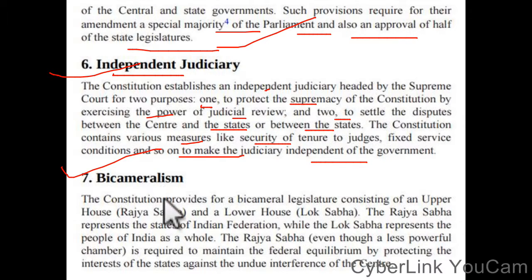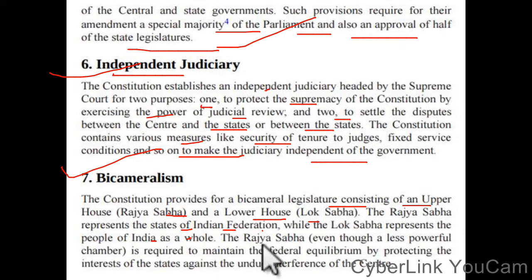Bicameralism. The Constitution provides for a bicameral legislature consisting of an upper house, the Rajya Sabha, and a lower house, the Lok Sabha. The Rajya Sabha represents the states of the Indian Federation, while the Lok Sabha represents the people of India as a whole.